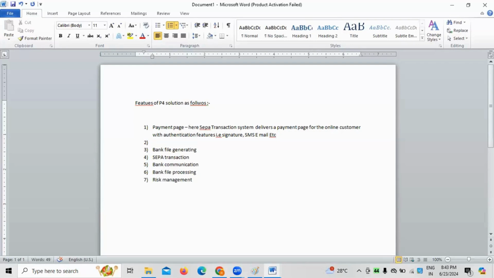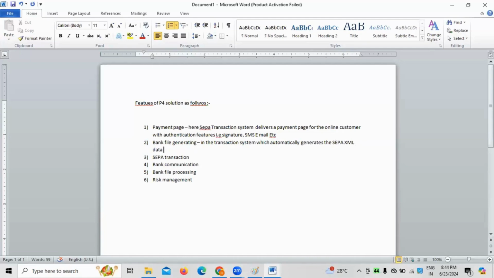Second one is about the bank file generating. As far as the bank file generating is concerned, in this transaction system, I'm talking about the SEPA transaction system, which automatically generates the SEPA XML data, because normally in the real world there will be different file formats, something like XML, JSON, right?